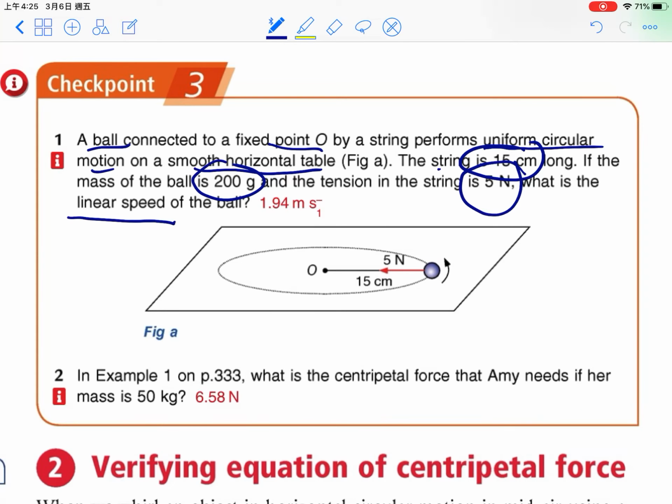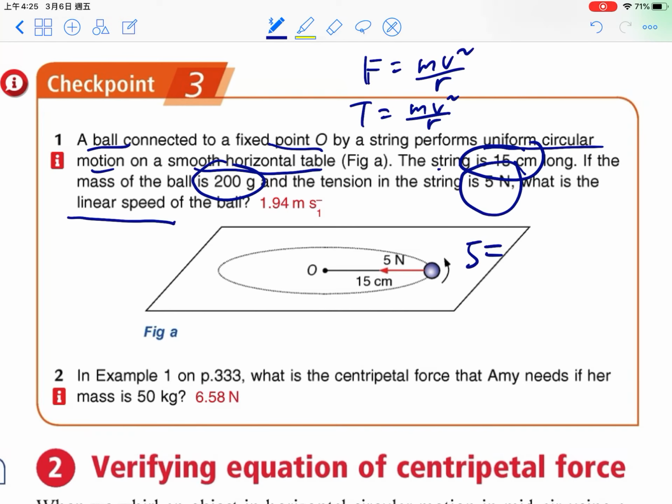So what is the linear speed? The centripetal force equals mv squared over r. This centripetal force comes from tension, so tension equals mv squared over r.